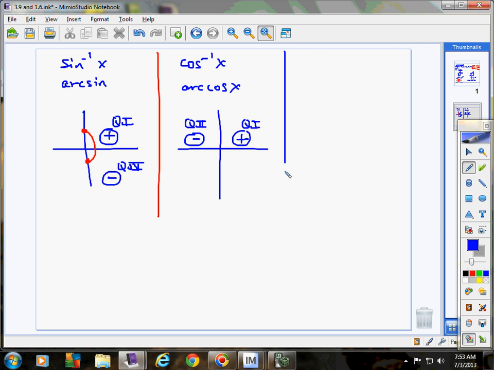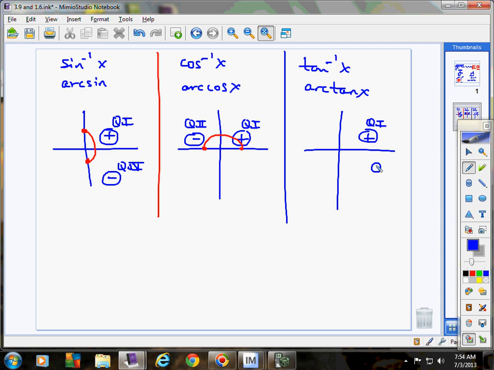It's for inverse cosine. So you can be on the x-axis anywhere over to the negative x-axis, but you can't cross over and be in these two quadrants for inverse cosine problems. And the last one, inverse tangent. Quadrant 1 positive, quadrant 4 negative.